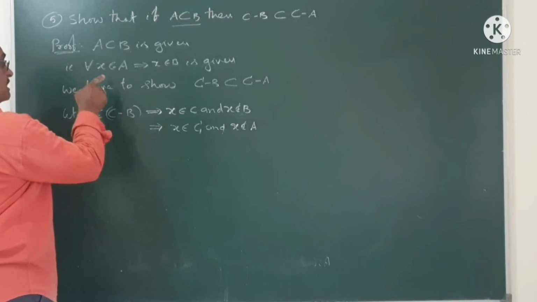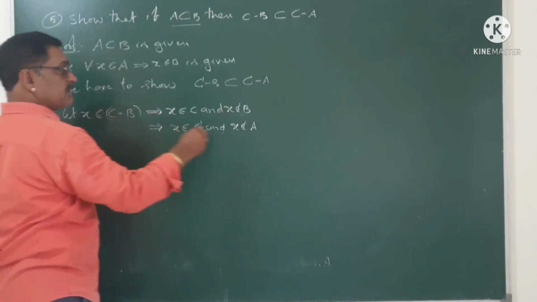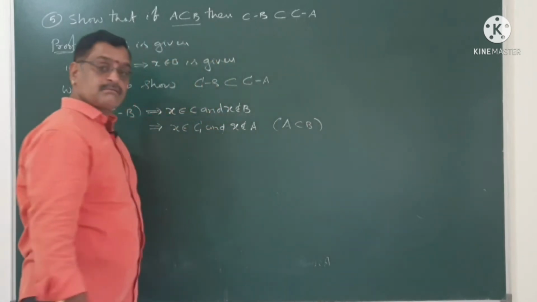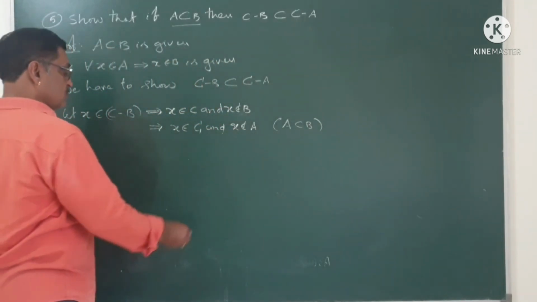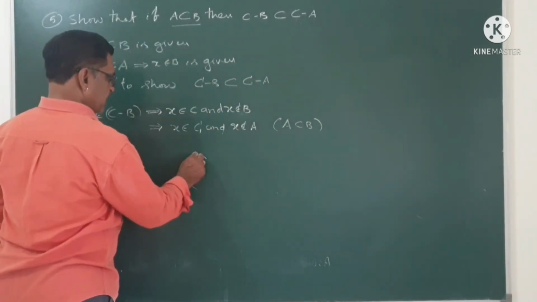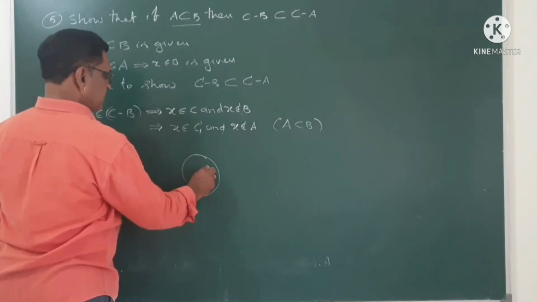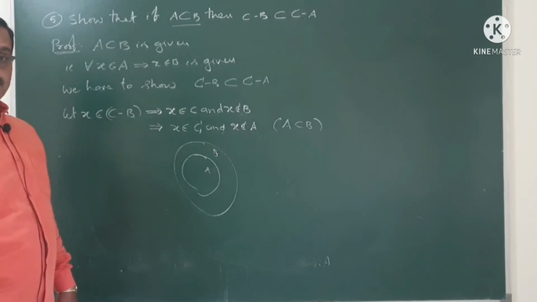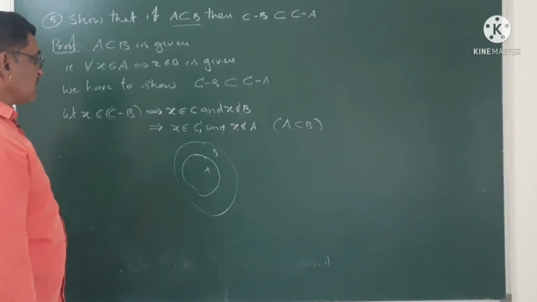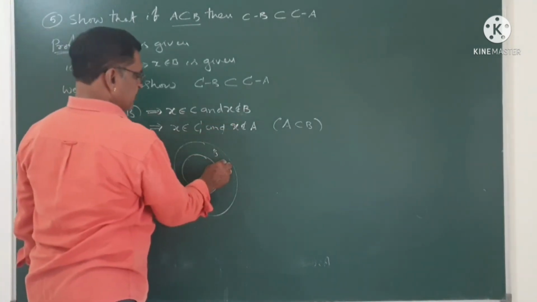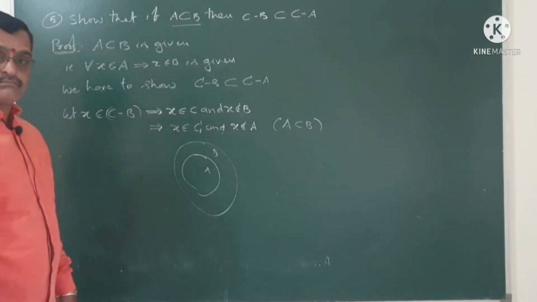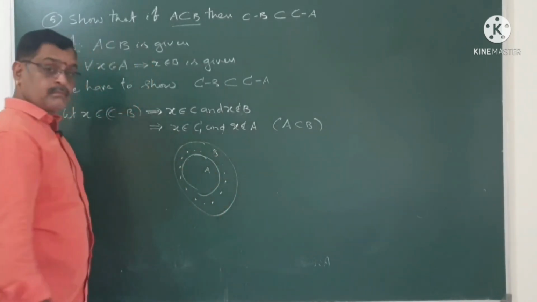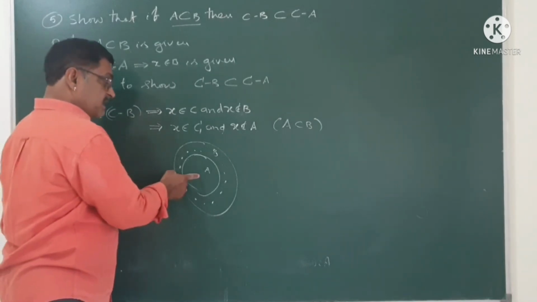Why? Because A is a subset of B. For example, look here. I have A here and this is B. X does not belong to B. It's not there. Therefore, it can't be in A also.